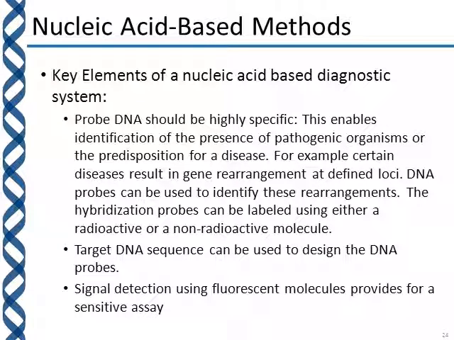The hybridization probes can be labeled using either a radioactive or a non-radioactive molecule. The target DNA sequence can be used to design the DNA probes, and signal detection using fluorescent molecules provides a sensitive assay.